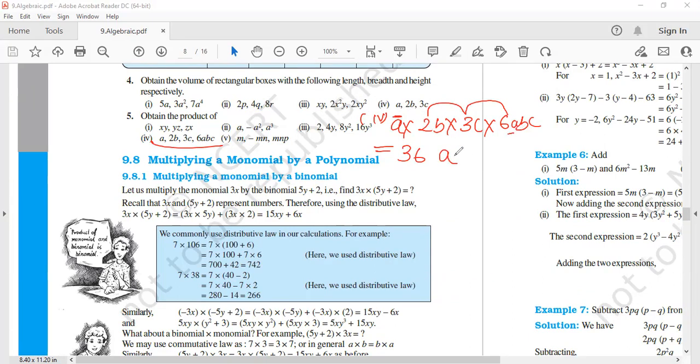So 2 threes are 6, 6 sixes are 36. In a, how many is 1, 2? So a raised to power 2. B, how many is 1 and 2? That again b square, and c is also 2. So 36 a square, b square, c square. You just firstly focus on the multiplication of numbers, then after the variables.